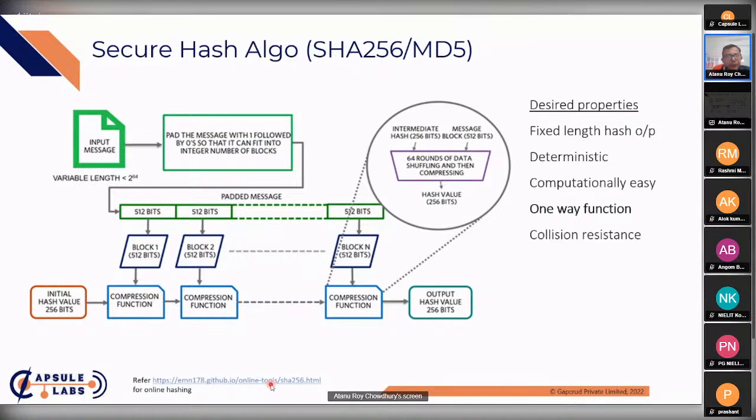Right? Typically, hash values are collision resistant, which means the hash space is large enough that I should not be able to calculate two values that lead to the same hash output.